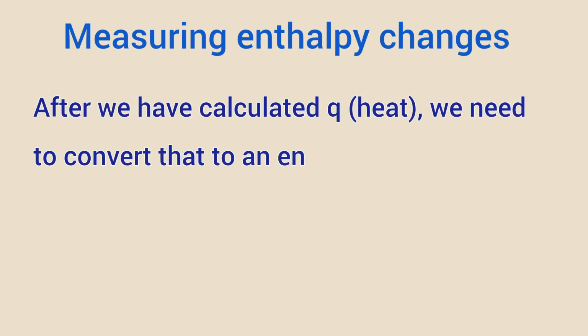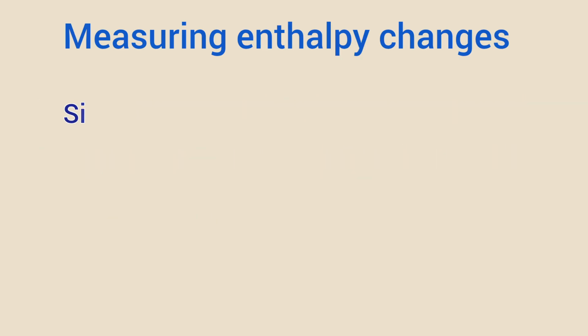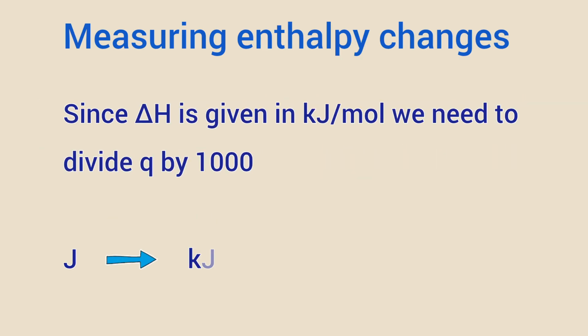After we have calculated Q, we need to convert that into an enthalpy change. The equation for that is delta H, change in enthalpy, equals Q, heat, over moles. Since delta H is given in kilojoules per mole, we will need to divide our Q value by 1000 to convert it from joules to kilojoules.